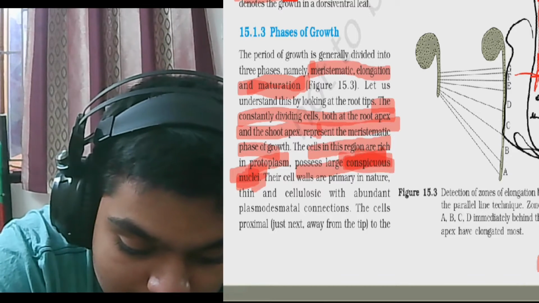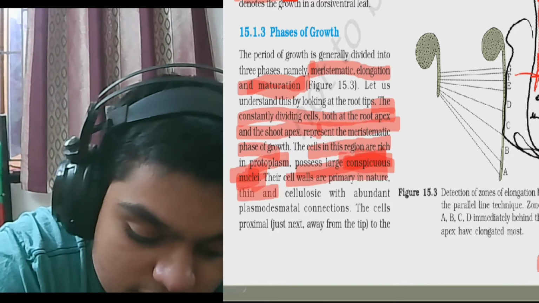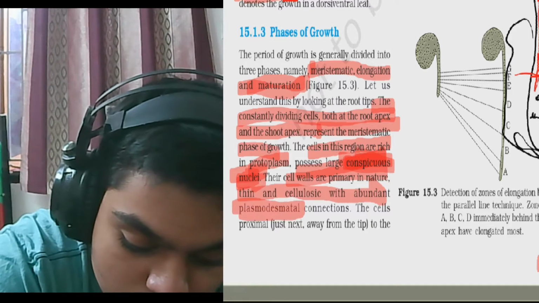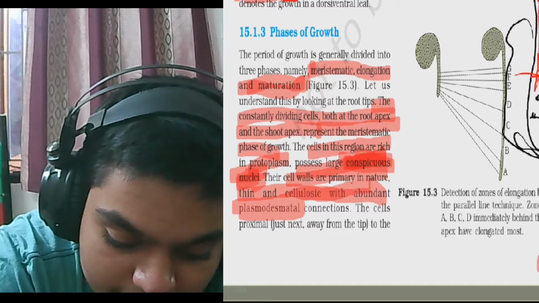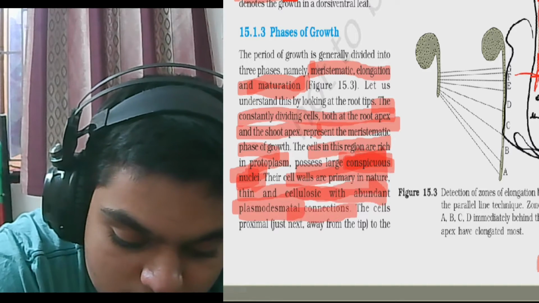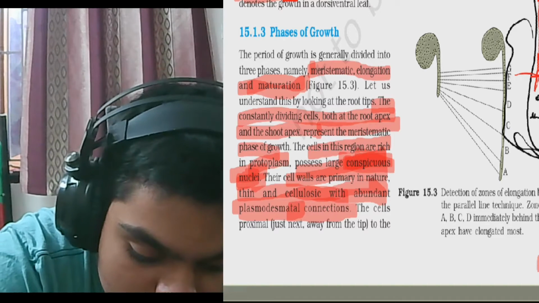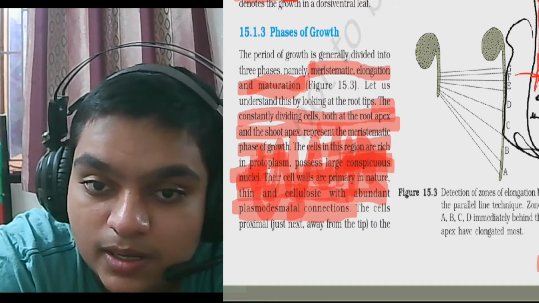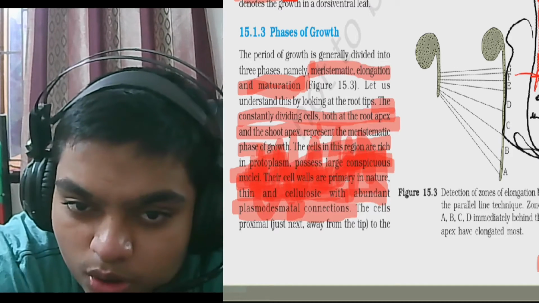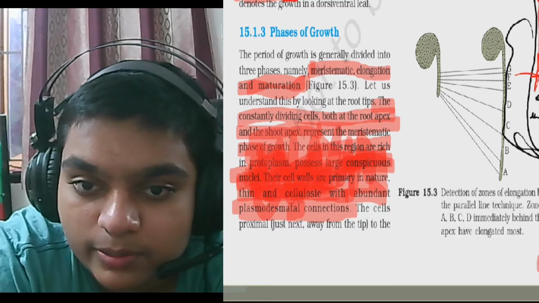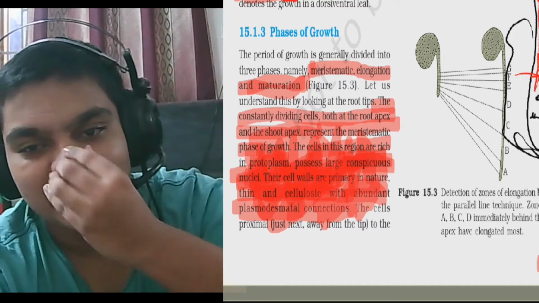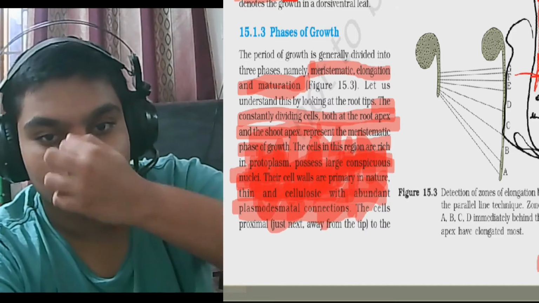Their cell walls are primary in nature, thin, cellulosic, with abundant plasmodesmatal connections. Got it? This whole paragraph is very, very important, so that is why I am underlining it. Please do not do this in your NCERT. If your father sees, he will scold.